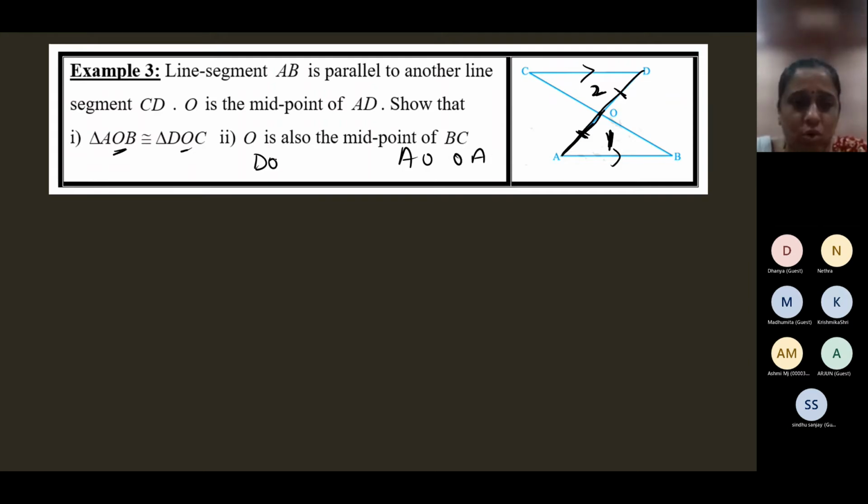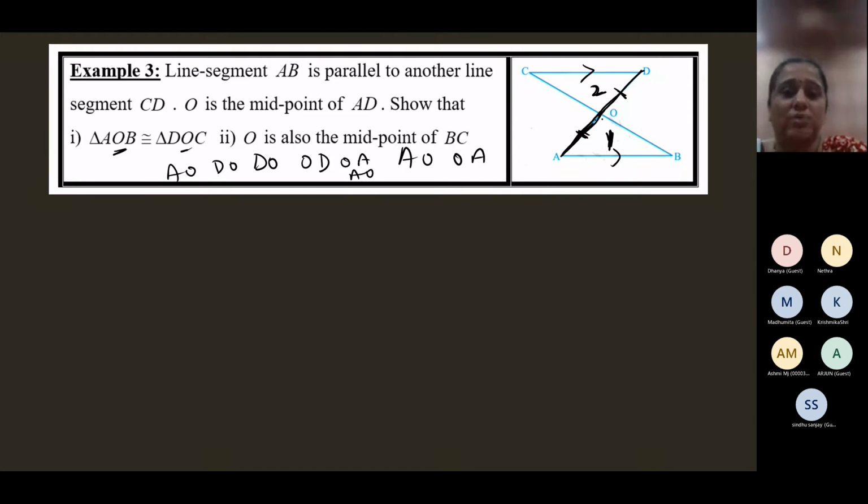Don't think if you write AO, you must write DO. OA or AO, both are the same. It's the same line segment. When you say line segment AB or line segment BA, both are the same. So side AO of the first triangle is equal to side DO of the second triangle, given.